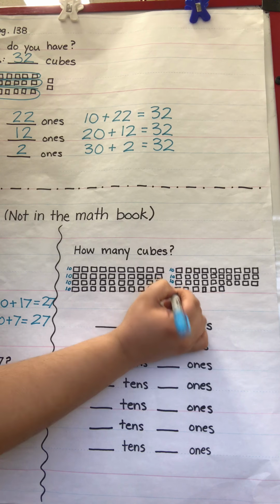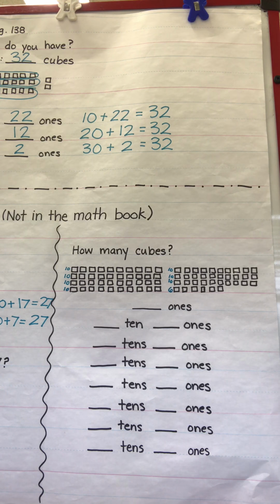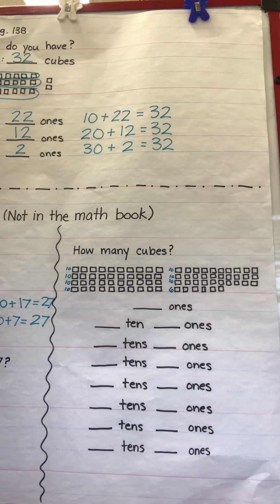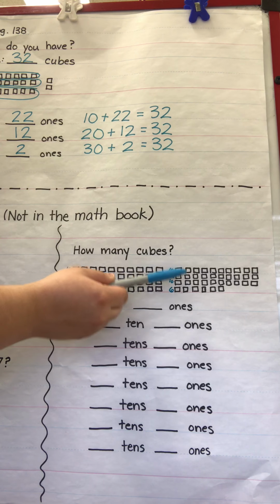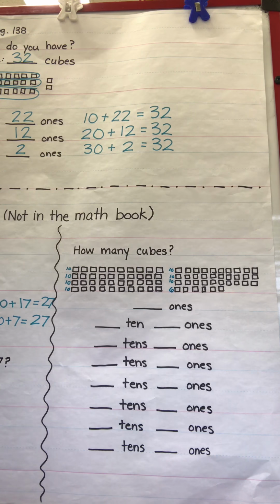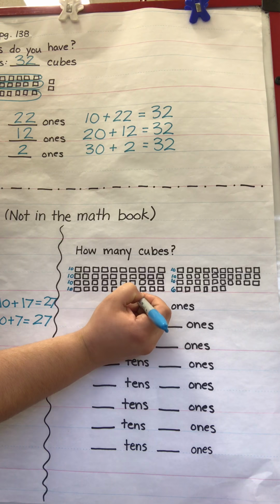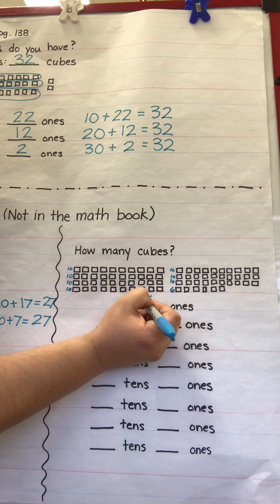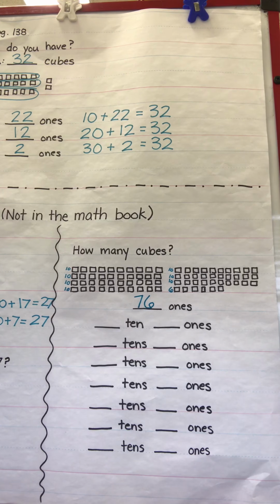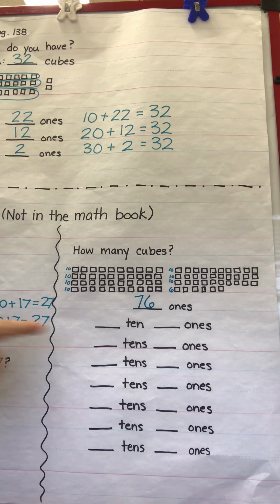We have 6 left over. So be careful, don't get tricked on that. So if you count all the total, we have 10, 20, 30, 40, 50, 60, 70 tens with 6 ones. So let's start right here.